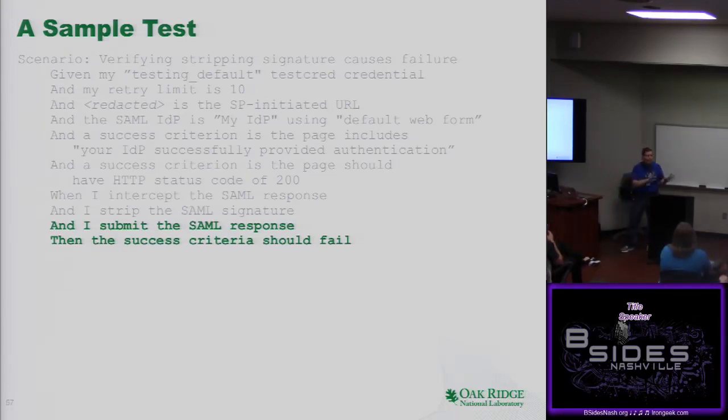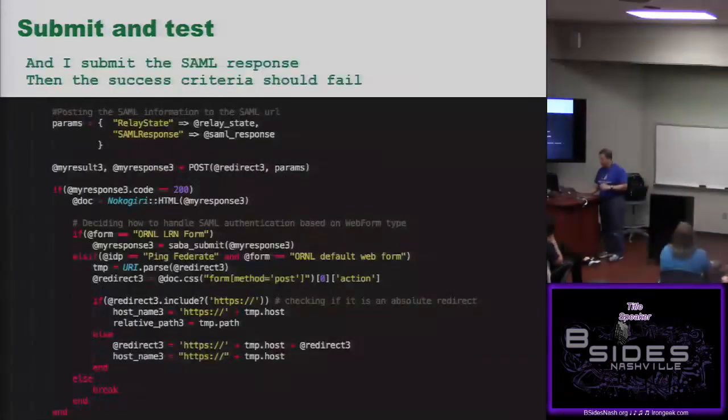And then I have, at least in some cases, recreated the block at the end that says SAML tracer does nothing, and the success criteria should all pass as well. And we get something that looks like that. It's sending all of the stuff on to the service provider, and then walks through the tests and makes sure that if we're mucking with the SAML, at least one of the tests should fail.